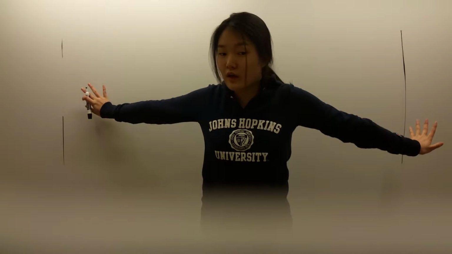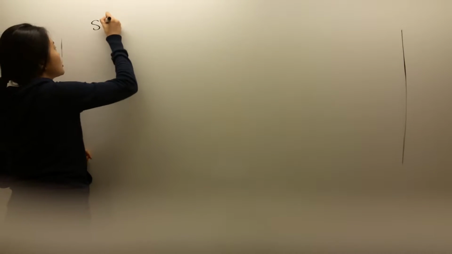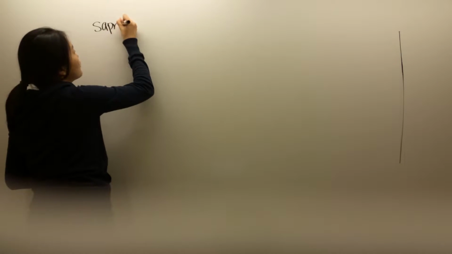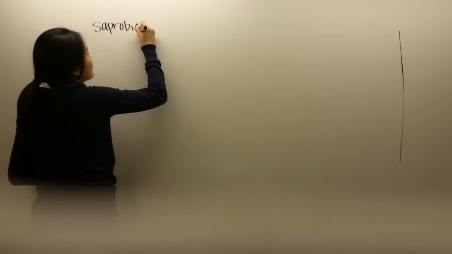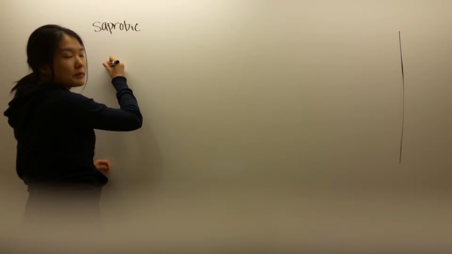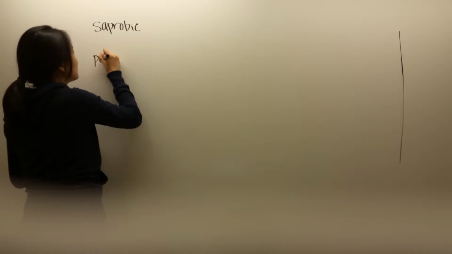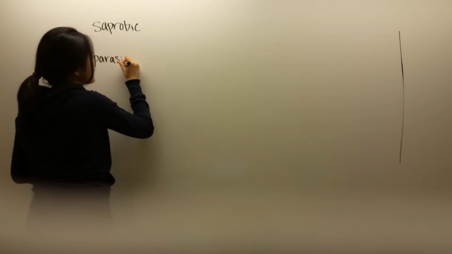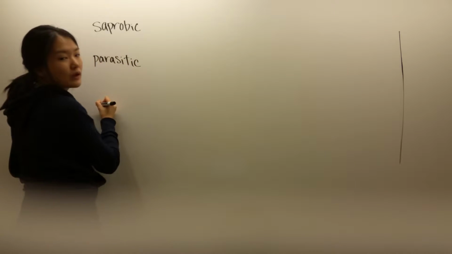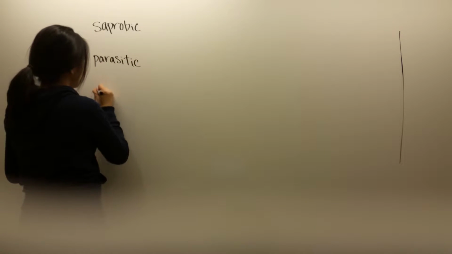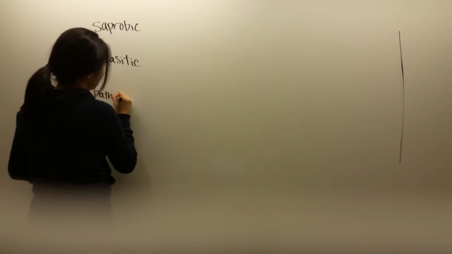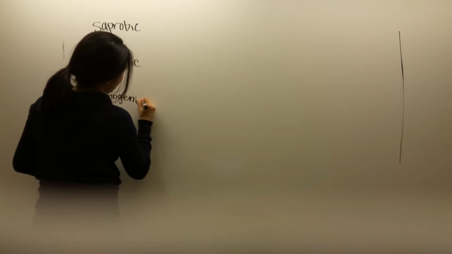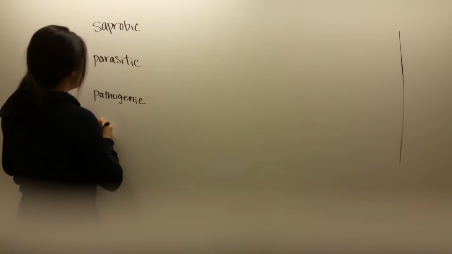So we have 4 different types of fungi when we're looking at what their appetites are, what they eat, and what's their relationship to the food that they eat. So you have saprobic fungi, you have parasitic fungi. I think you already know what that kind of means, parasitic, and then we have pathogenic. I think you probably also have a clue of what that means, but it's okay if you don't. Mutualists.